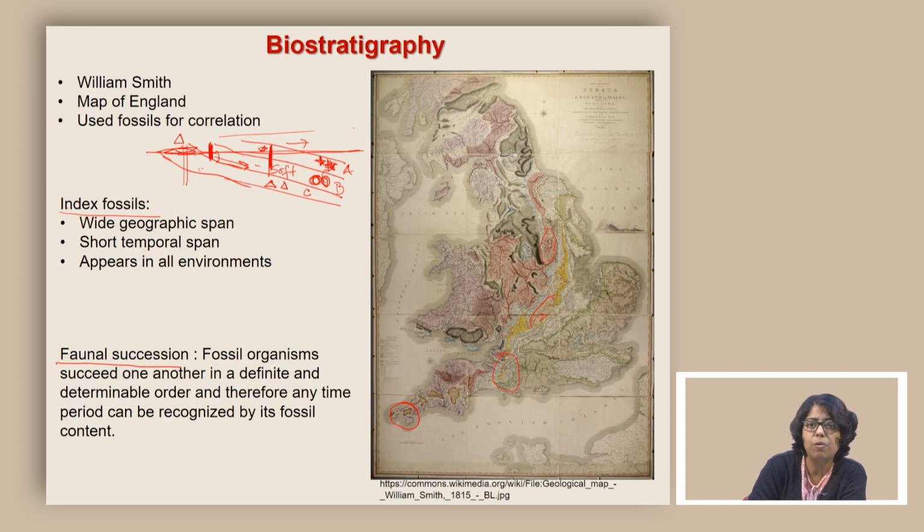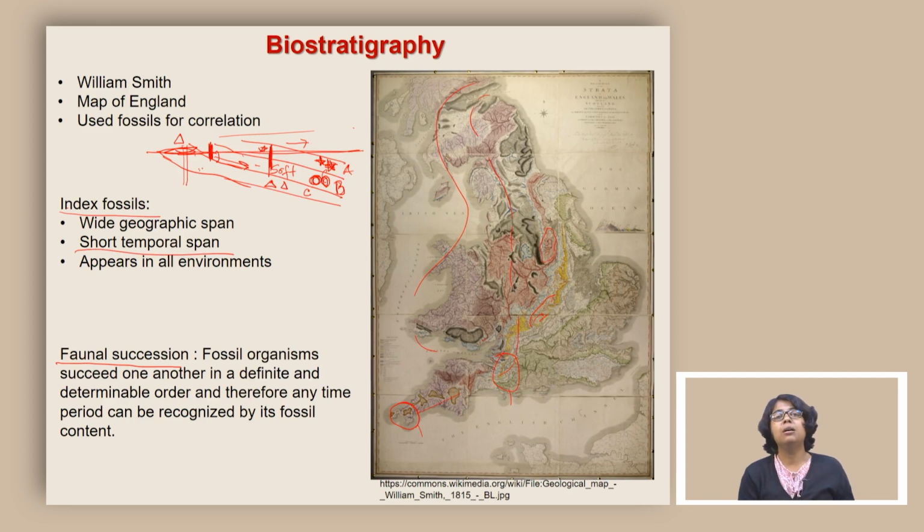But if there is a fossil which is found here, here and all over the place, then those fossils can be marked, and let us say the strata B can be extended all the way, and every time that fossil appears, we will know it is strata B, and we have a very good idea of the relative age.